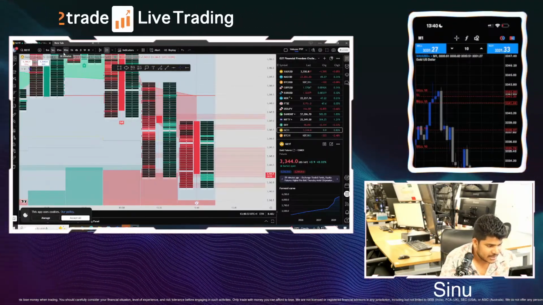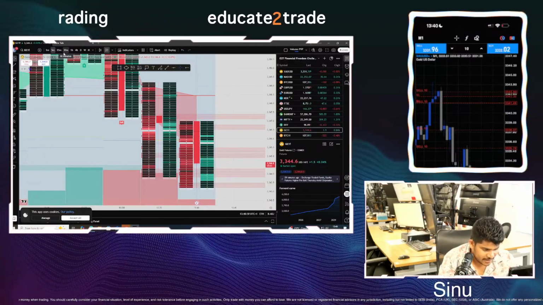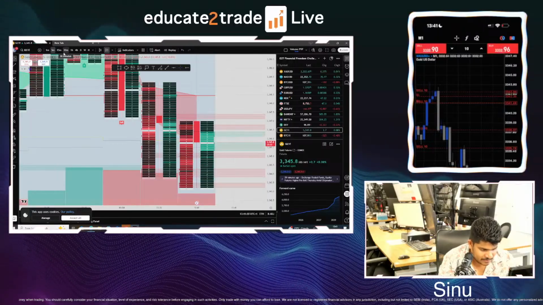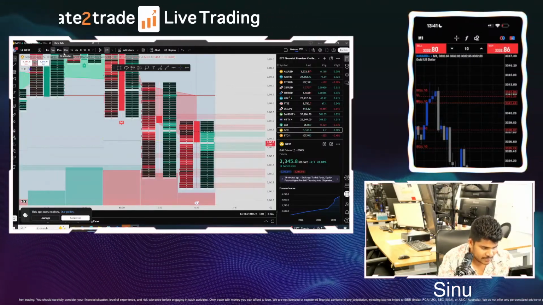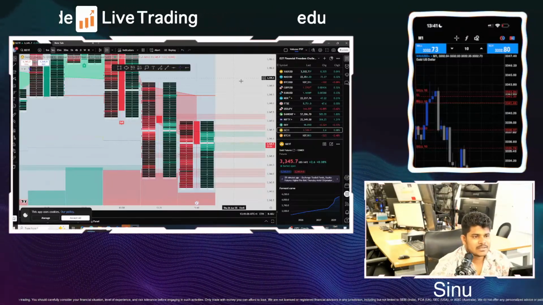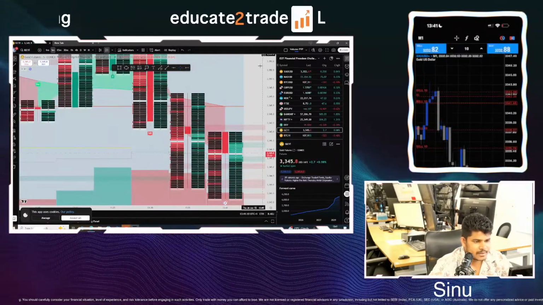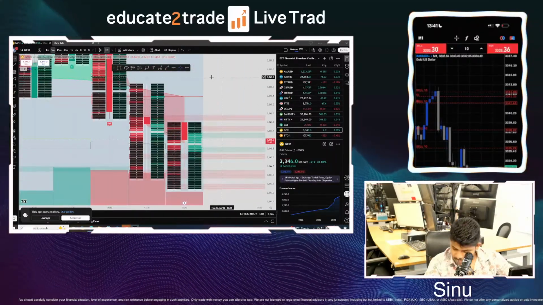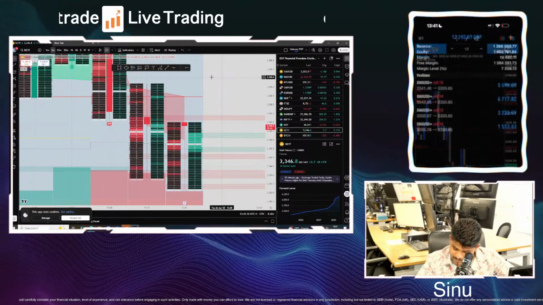Let me go back and check what is happening with respect to the 15 minutes time frame. Okay, all right, we have seen two good sell-off candles. Is there any imbalance to be tapped? Okay, this particular zone, right? All right, the very next candle is pushing beyond this level.